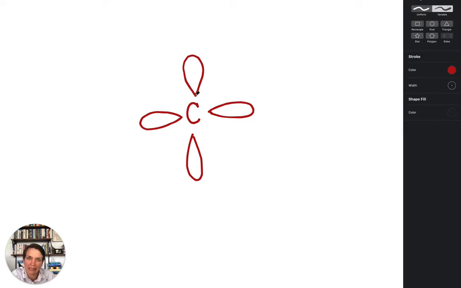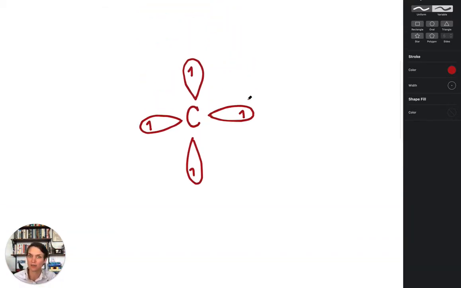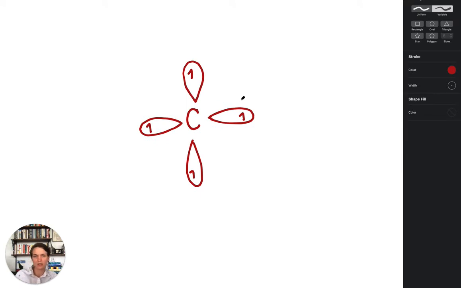They have a tiny little lobe to them, but we don't draw those because this is the part that we're interested in. So our carbons, sorry, I should have made this green, but that's okay, we'll reverse colors. So our carbons have this sp3 hybridized orbital. So there are 4 orbitals in sp3, right? sp3, 4. Carbon is tetrahedral electron geometry. It's also tetrahedral molecular geometry.